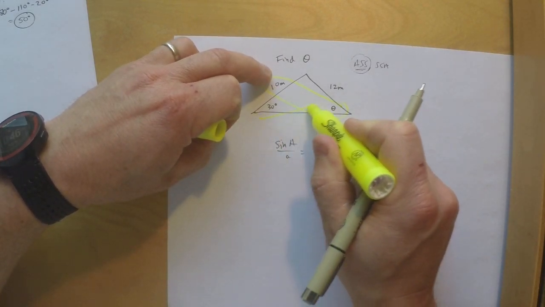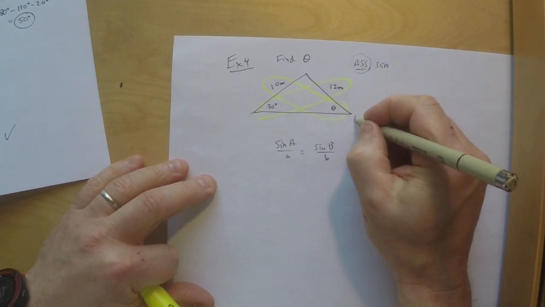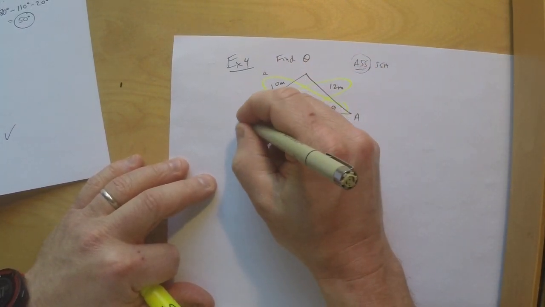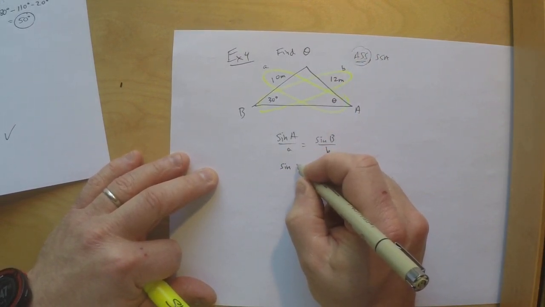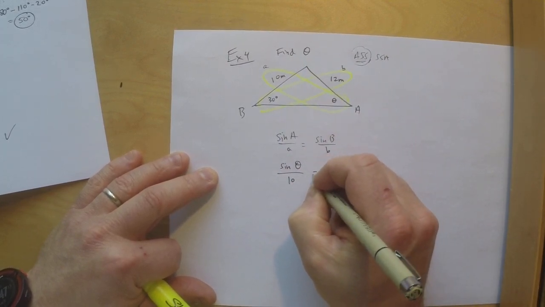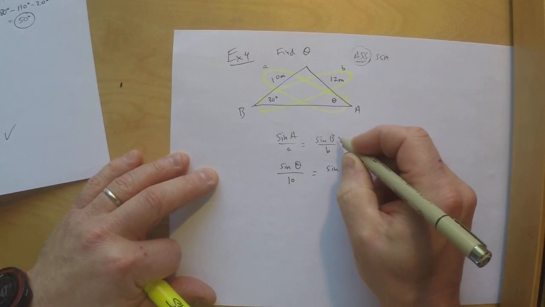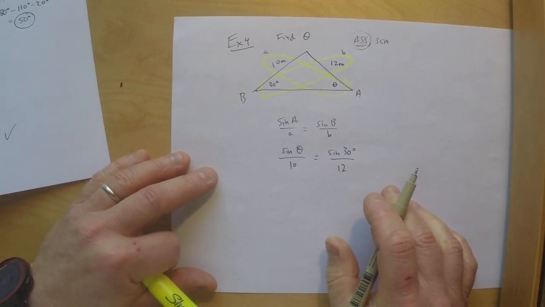So sine of A over little a equals sine of B over little b. I know I need this angle and this side pair because I need that angle that I'm finding. And the nice thing here is those are known. So there's my 2 angle side pairs. I could make this my A, my little a, make my B, my little b. Sine of big A, in this case theta, divided by 10 equals sine of big B, which is 30, divided by 12. Oh, someone's phoning.